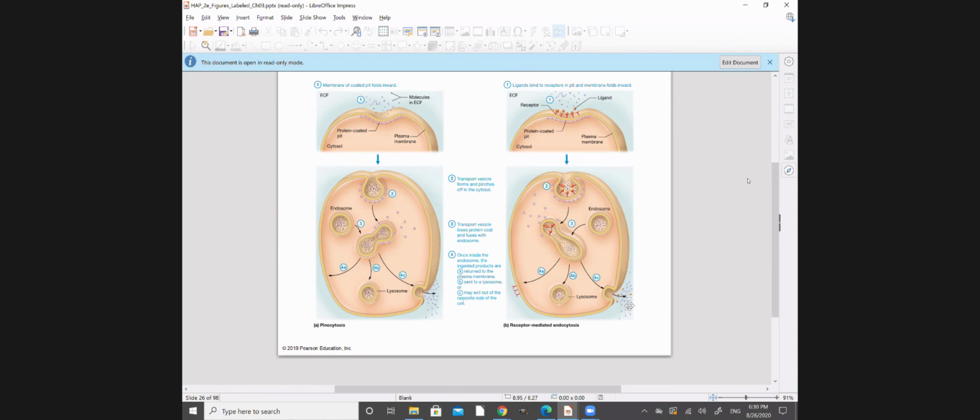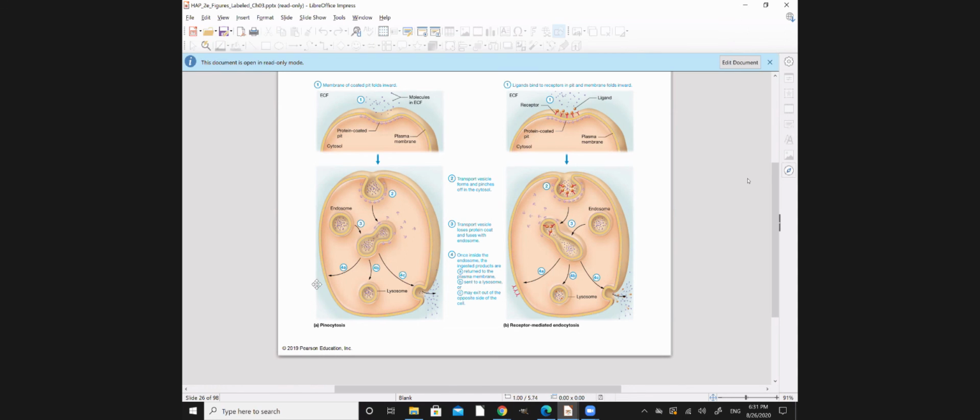We have pinocytosis, which is basically cell drinking, and phagocytosis, when the cell is eating or engulfing something relatively solid. But the process is the same. The vesicle is formed, fused with the membrane, and either we bring it in or out, depending on whether it's endocytosis or exocytosis.